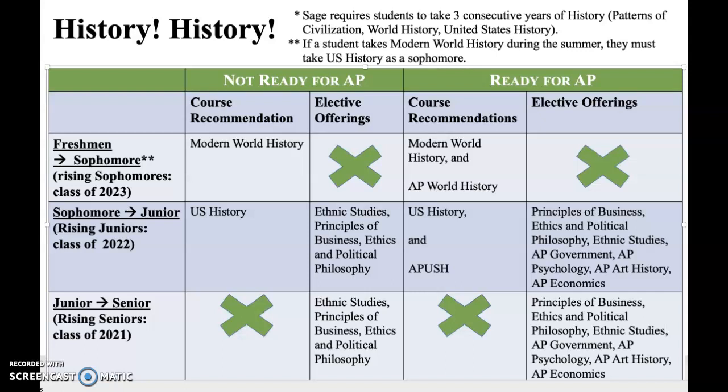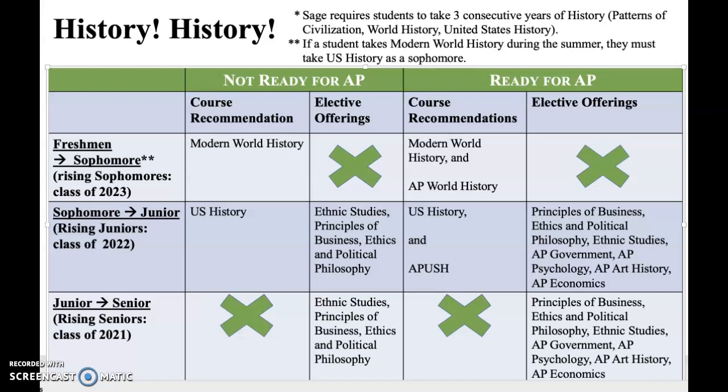Something to additionally consider is for the graduation requirement in the history department, students need to take 3 consecutive years of history. So freshman year, they take Patterns of Civilization. Sophomore year, they take world history. Junior year, they take U.S. history. And again, senior year, they can take any of those amazing, wonderful electives that our department offers.